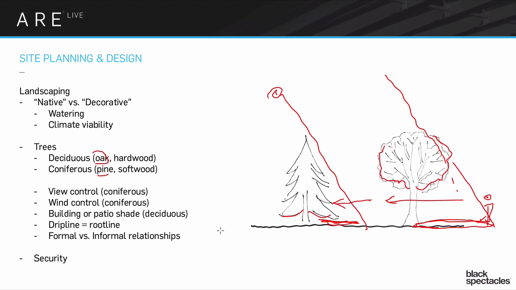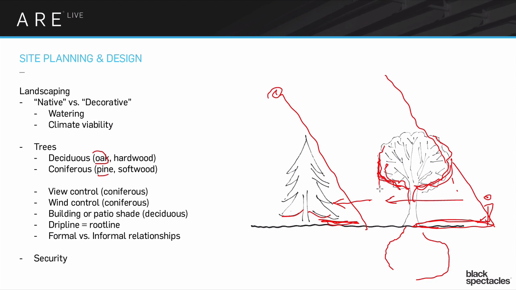A couple of other terms come to mind that you should be comfortable with. One is the idea of the drip line. The concept here is that if I have this tree and it has this big canopy, and the canopy reaches out a certain distance, the assumption is that the root ball is also reaching out to effectively the same distance.